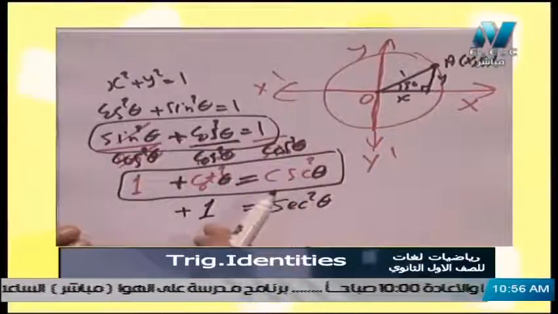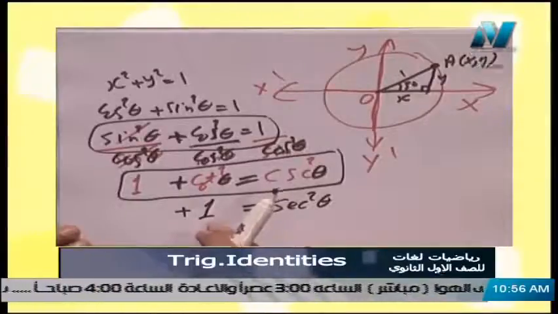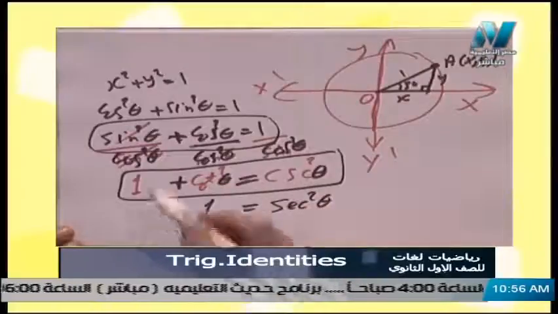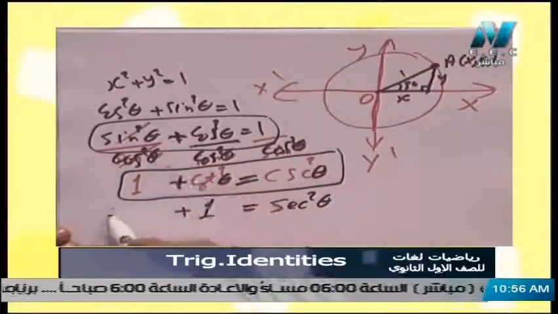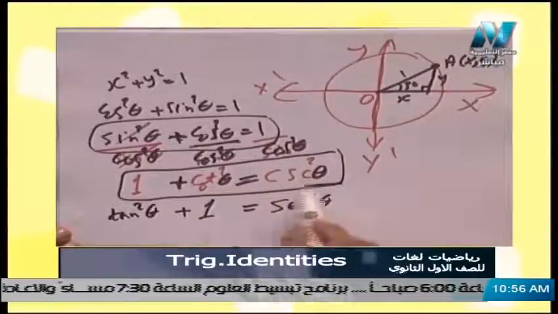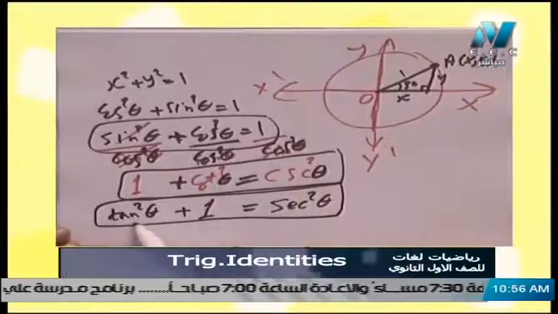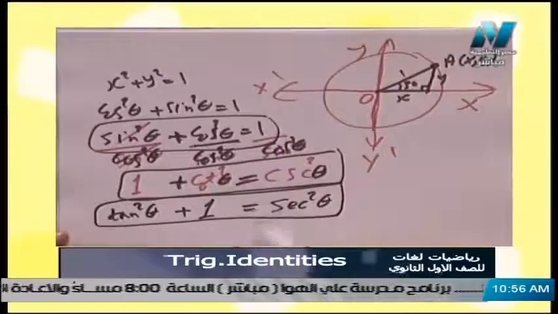It's a common mistake that some students say 0. False. Cosine power 2 theta divided by cosine power 2 theta equals 1. And sine power 2 theta over cosine power 2 theta equals tan power 2 theta. So we have the second important identity here, which is tan power 2 theta plus 1 equals sec power 2 theta, and keep them well.